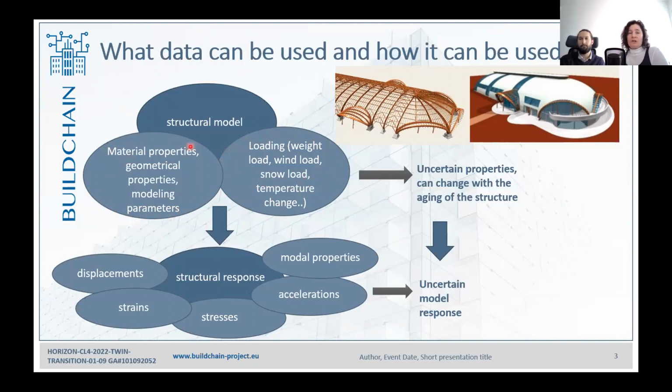What we get from a structural model is its structural response. These are some of the properties that an engineer would be interested in, such as displacements, how the structure is displacing, what strains and what stresses appear in the structure.